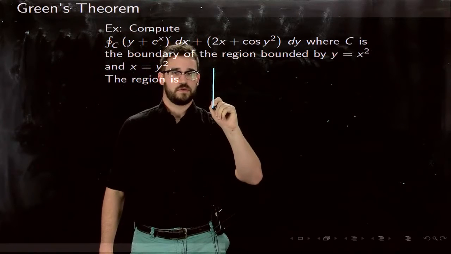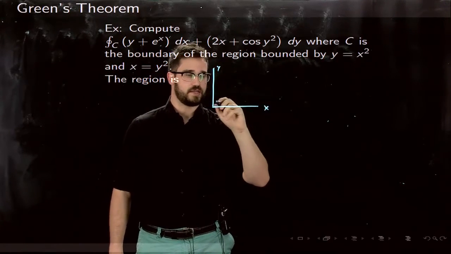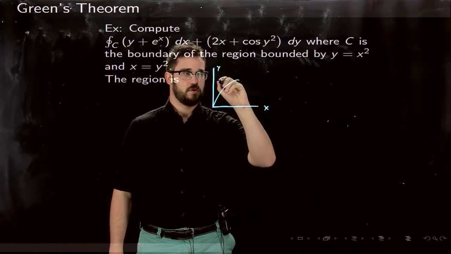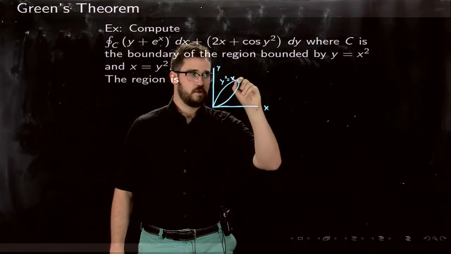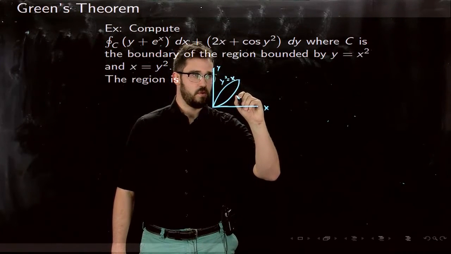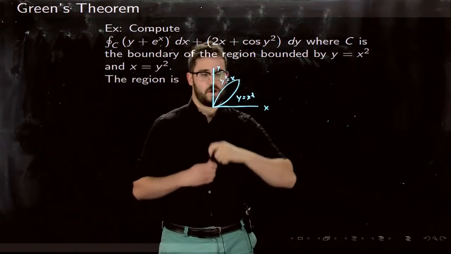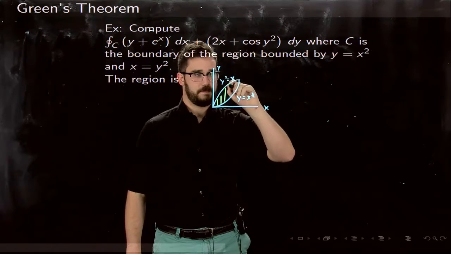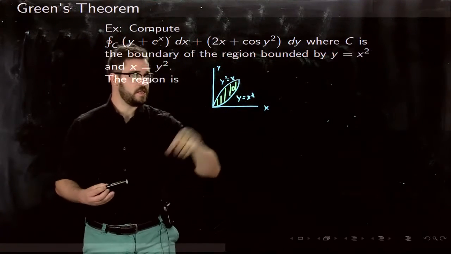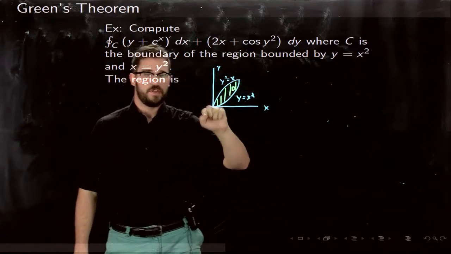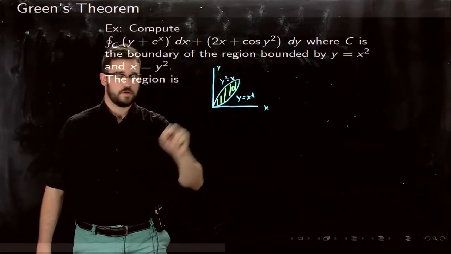Here's our y, here's our x, and we get y squared equals x, and here we get y equals x squared. And so D would be our region right here. That's D. And C is if we went around this curve, remember, in a counterclockwise fashion.